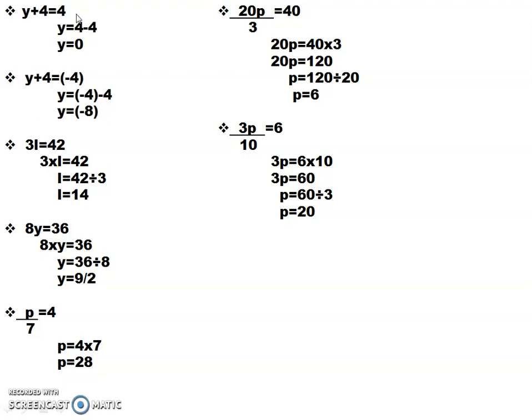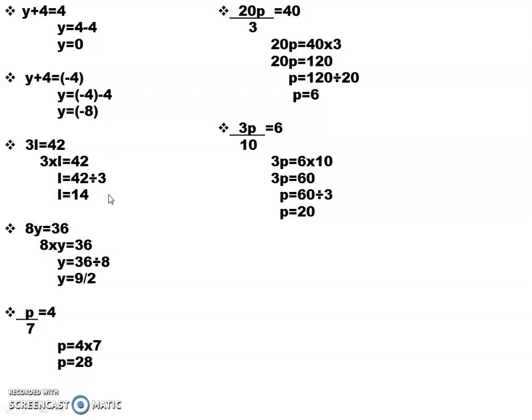Now, till now you were dealing with subtraction and addition problems. Here you have 3L equal to 42. In the first slide, I told you what is 3L. 3 into L. 3 into L is equal to 42. So, when I take this 3 multiplication to the other side, it becomes division.